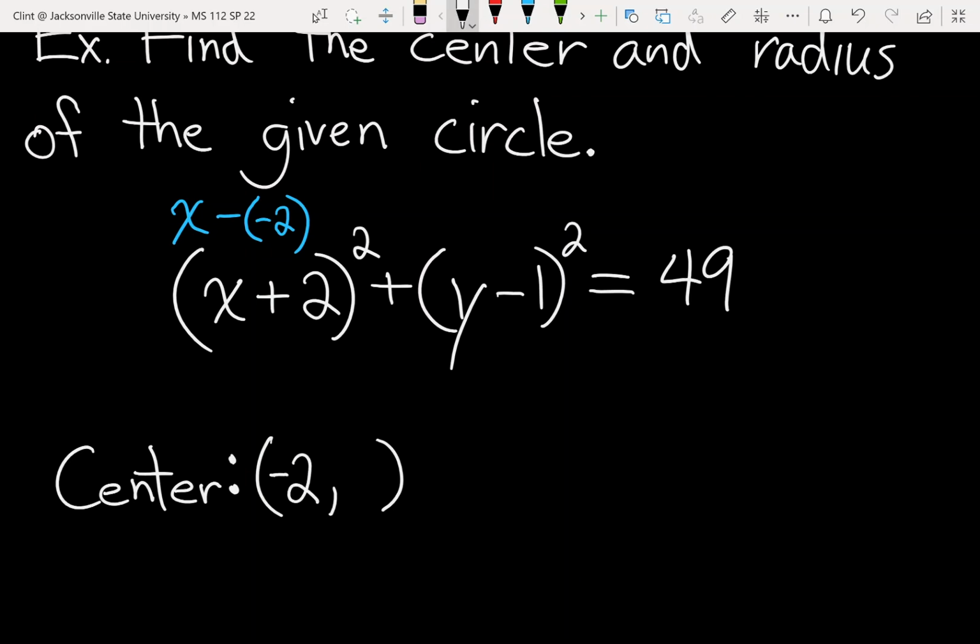You can just remember that if it's plus, you change it to minus, then your answer is positive. Remember, you take the opposite sign. And then what's the y coordinate of our center? y minus 1, so our y coordinate is just 1.